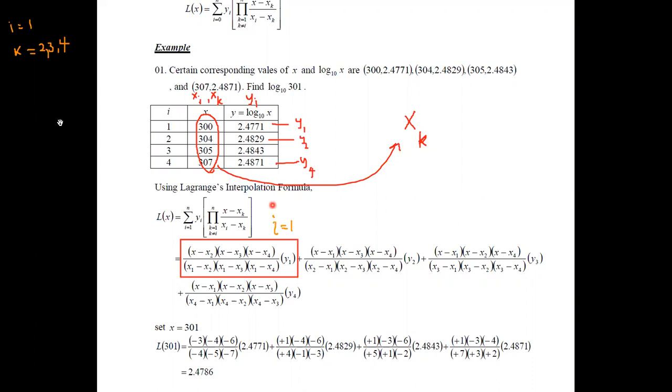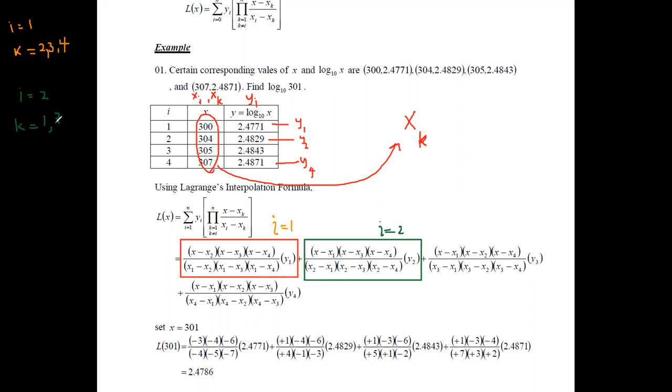Now we have finished it for i equals 1. Then we have to select the next value given for i, which is i equals 2. Here I am setting i equals 2. If I set i equals 2, then the possible values that I can take for k would be 1, 3 and 4.